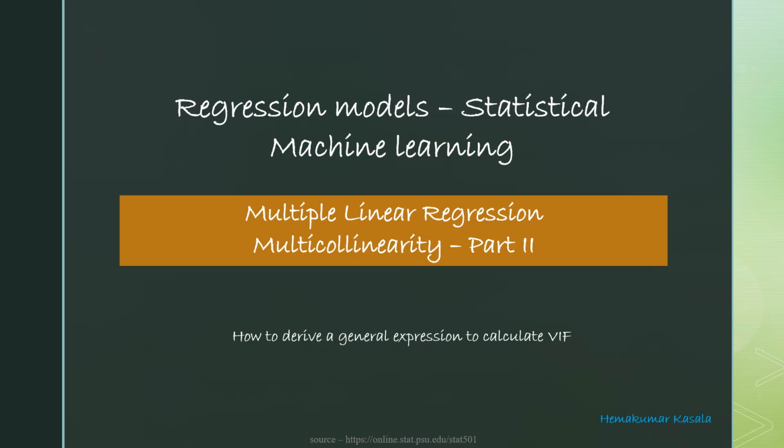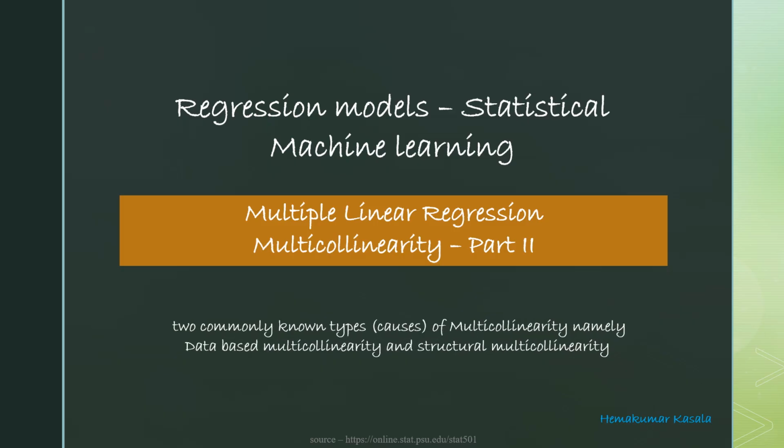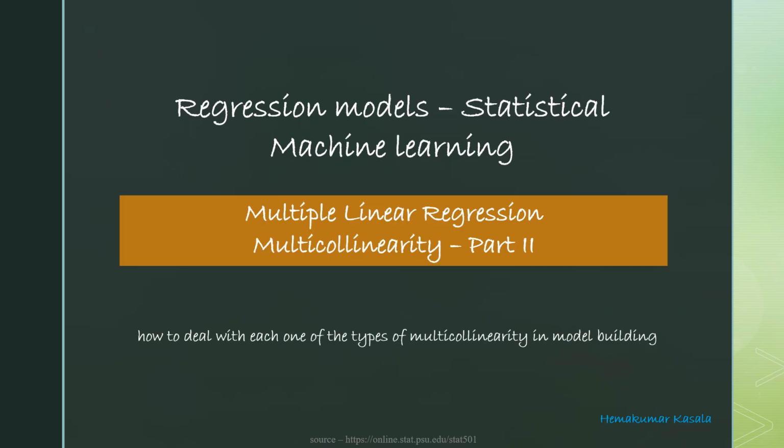We learn how to derive a general expression to calculate VIF. We learn two commonly known types or causes of multicollinearity, namely data-based multicollinearity and structural multicollinearity. And finally, we learn how to deal with each one of the types of multicollinearity in model building. Let's get into the video.